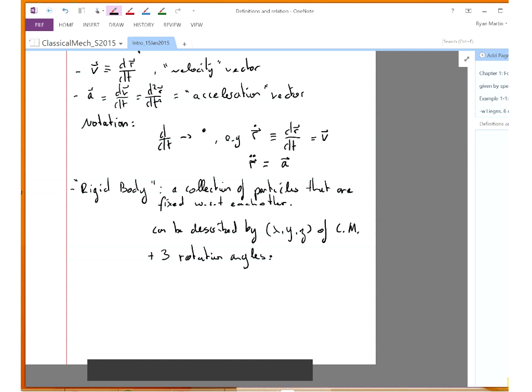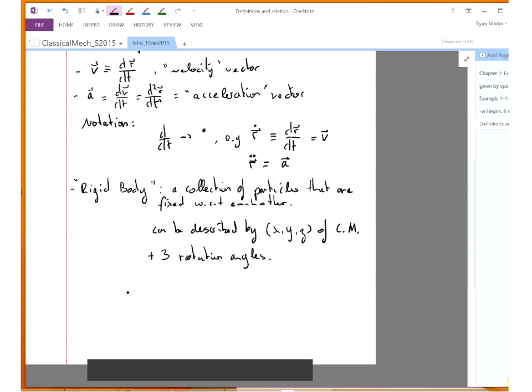If you want to describe a complicated rigid body, think of a cube that has different colors on each face. To describe fully its position in space, you have to say where its center of mass is, but you also have to describe how it's been rotated. And there's 3 angles that you need to describe how something is rotated. So a rigid body requires 6 numbers to describe it, whereas a particle only requires 3. That's the key distinction.